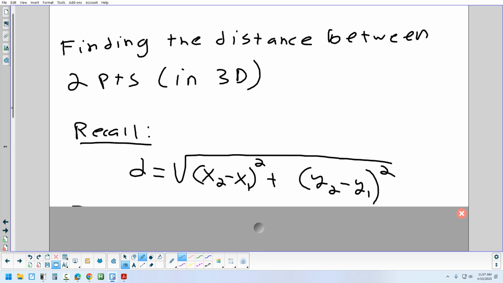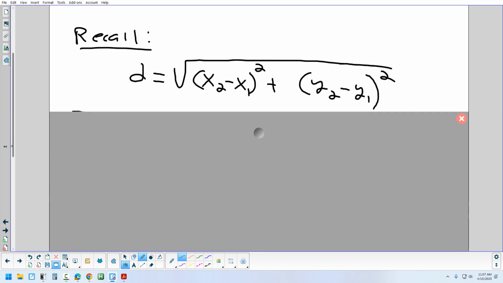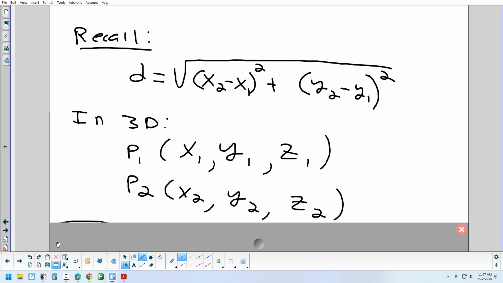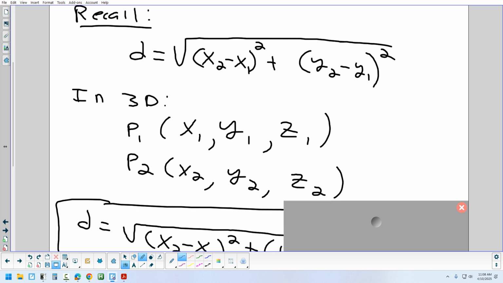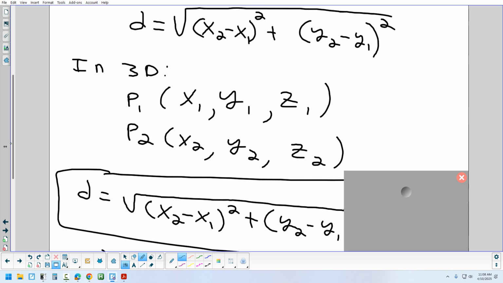So now we're going to extend the distance formula to 3D. Well, in 3D, your 2 points, we're calling them P1 and P2, they have an x value, a y value, and now they have a z value. So when we want to find the distance in 3D, we still have to do what we did before. You have to find the difference between the x's and square it, plus the difference between the y's and square it. And there's going to be one more part to that formula we have to add on to the end.